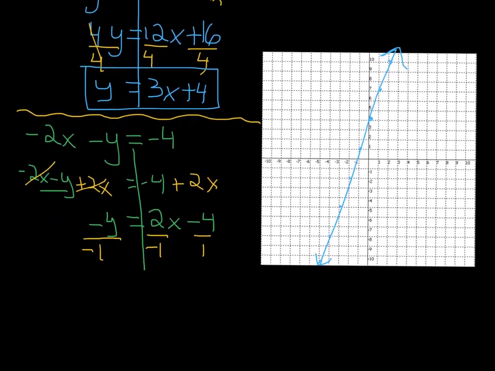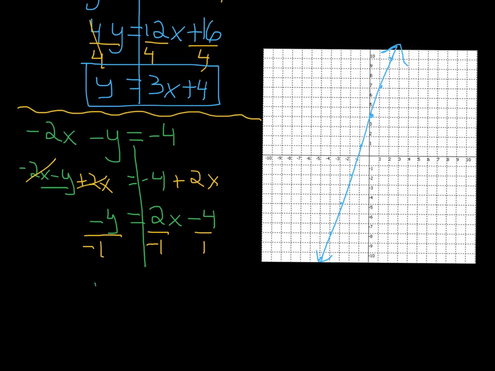Which means my equation is y equals negative 2x, and a negative divided by a negative, so negative 4 divided by negative 1 is a positive 4. So I need to graph that equation, which starts at 4, and then the slope is negative 2, so down 2 to right 1, or up 2 to left 1.